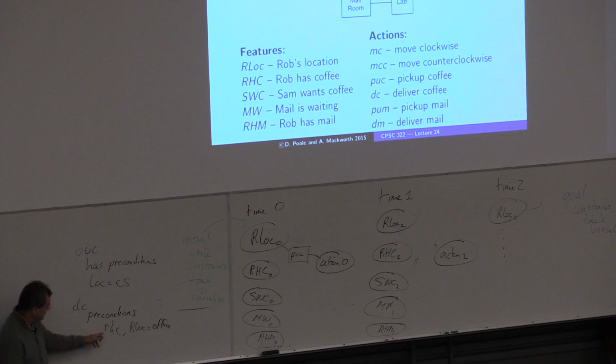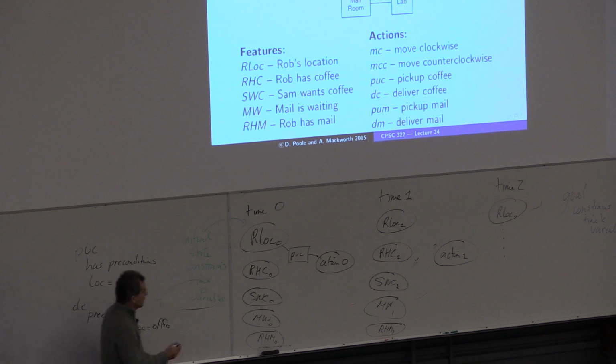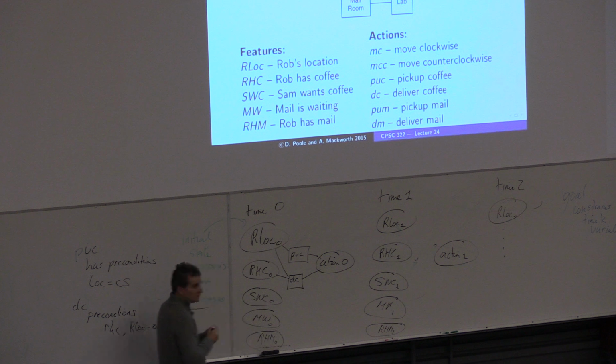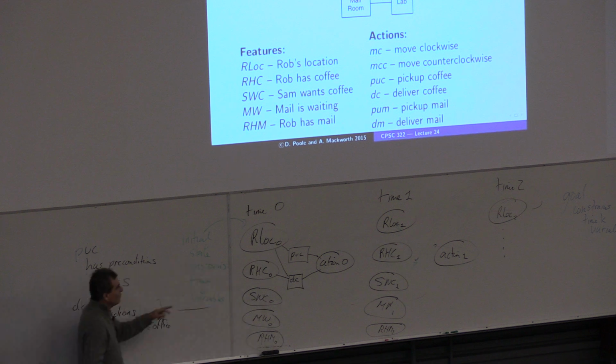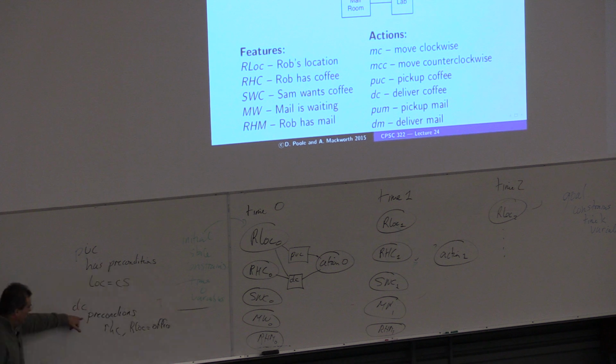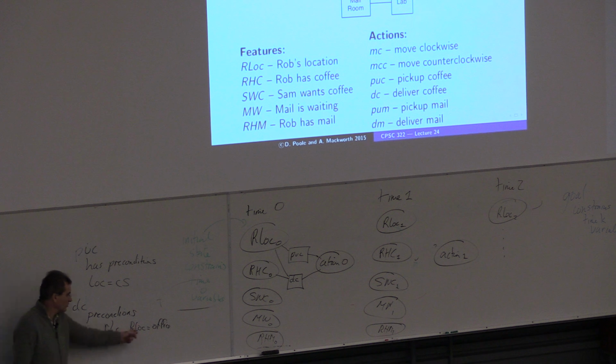So this provides a constraint between robot has coffee, the location, and the action. There's another constraint here, which I'll call the DC. So there's this constraint amongst them, right? The action cannot be DC if robot has coffee is false or the location of the office is false.